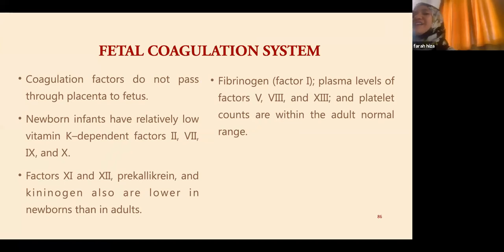These 4 factors are vitamin K dependent. Also factor 11 and factor 12, or prekallikrein and kininogen, which are part of the coagulation system, are also naturally low in newborns compared to adults. However, it needs to be noted that fibrinogen and other factors, and platelet count, are considered to be normal. So we need to understand this in the condition of vitamin K deficiency. Okay, next.